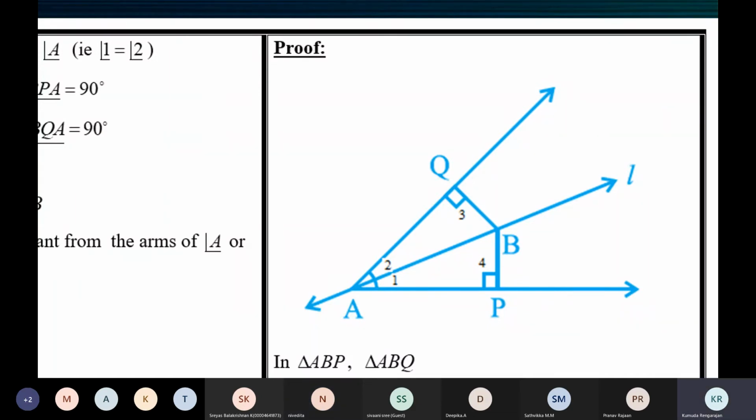You can name it in different ways, but this is also right. Triangle ABP is congruent to triangle ABQ by the AAS congruence rule. Ma'am, we can name it as AQB also. No, ma'am, APB is congruent to AQB. Perfect. That's also right.